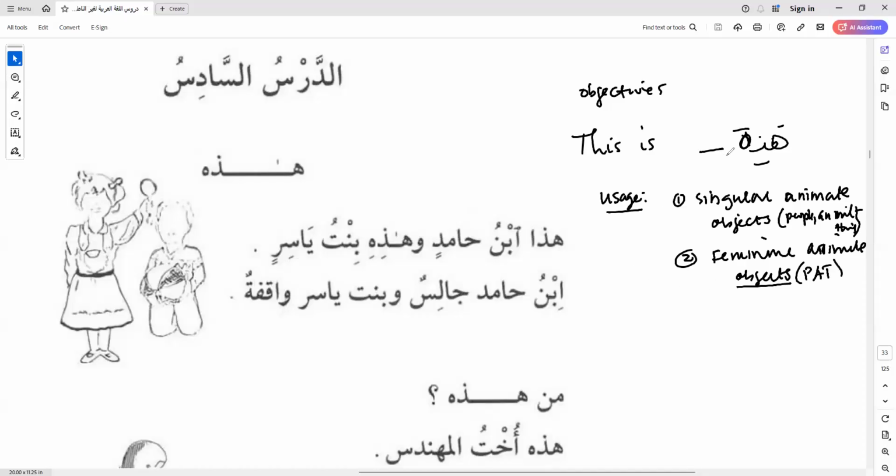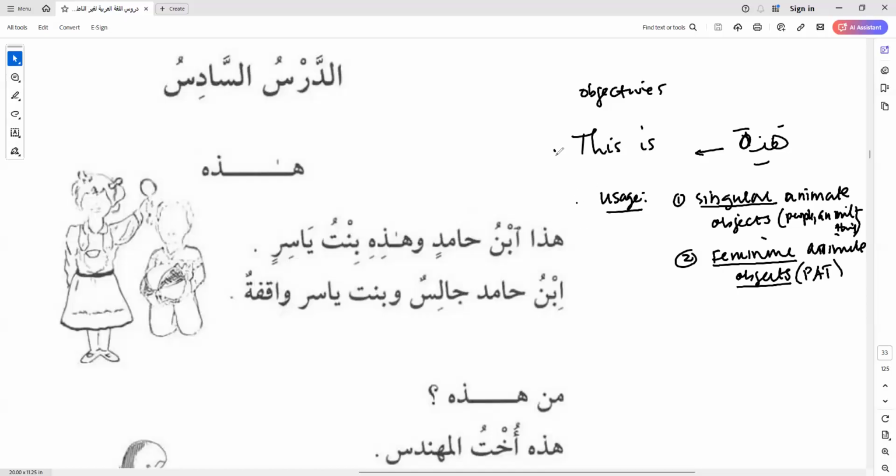So before you use هذه as a demonstrative pronoun, first you have to ask yourself, is the object singular and feminine? Very, very important. هذه. So that's what we're going to learn how to use.